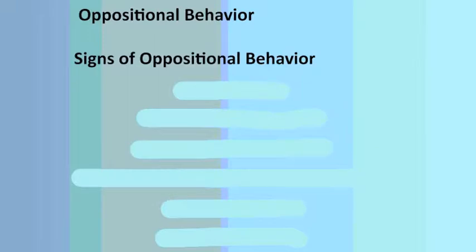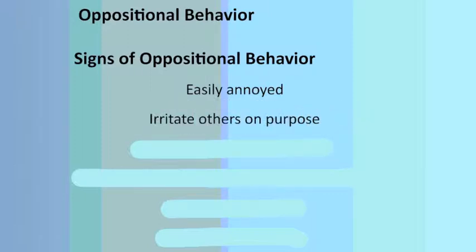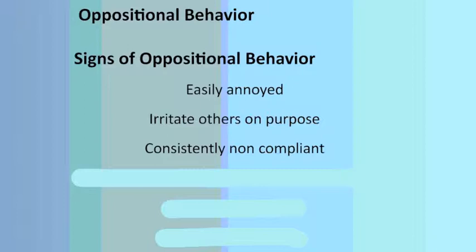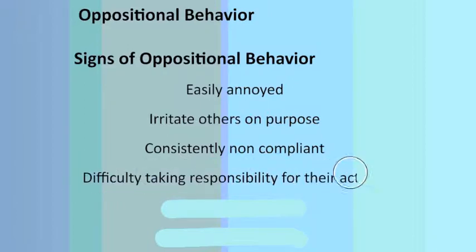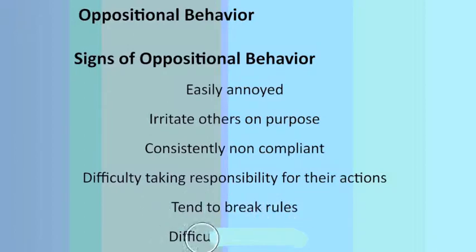In this scenario, Emily was displaying oppositional behavior. The signs of oppositional behavior include being easily annoyed, irritating others on purpose, being consistently non-compliant, having difficulty taking responsibility for their actions, a tendency to break rules, or difficulty with peers.